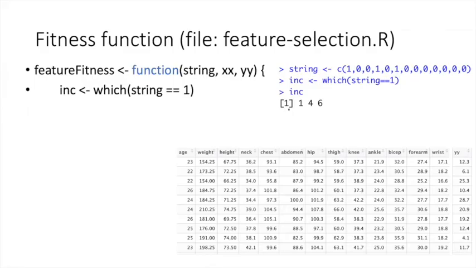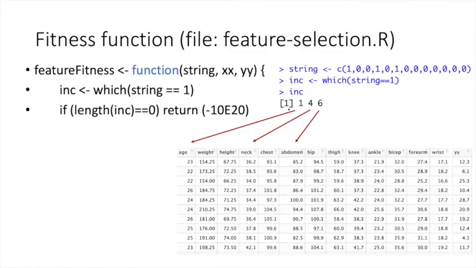So the variable ink stores all those positions in a vector, and if you print out ink, you can see that it has found that the positions 1, 4, and 6 have a 1 associated with them. So only these features will be used by linear regression later.